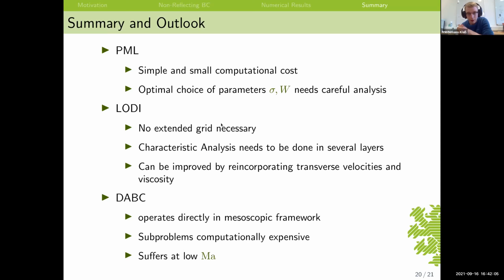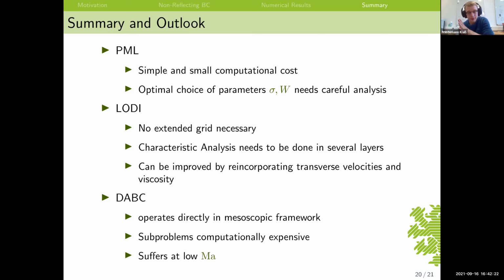So it doesn't really know about multi-speed. However, the optimal choice of these damping parameters, namely damping strength sigma and damping zone width W, needs careful analysis and will also depend on the stencil.